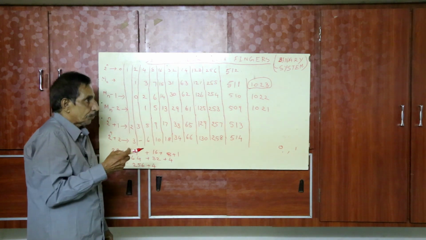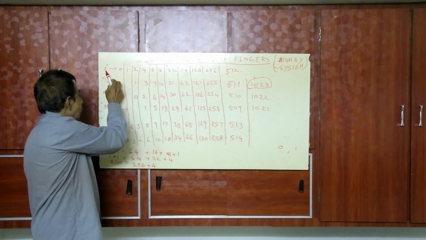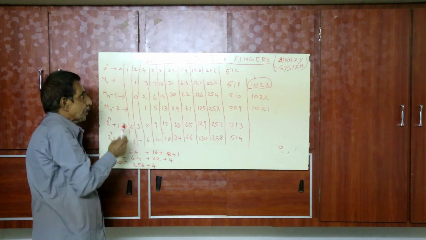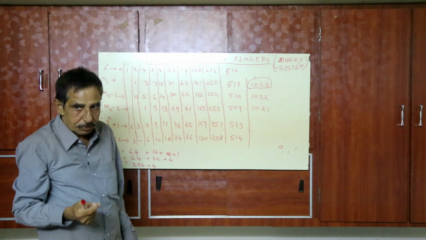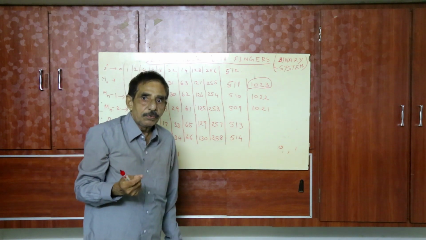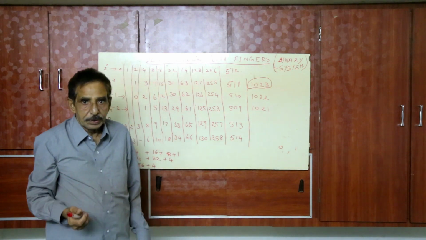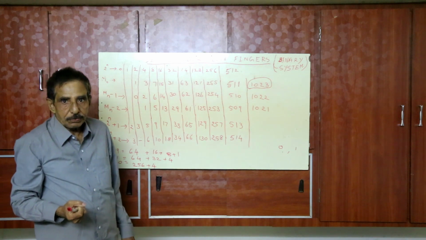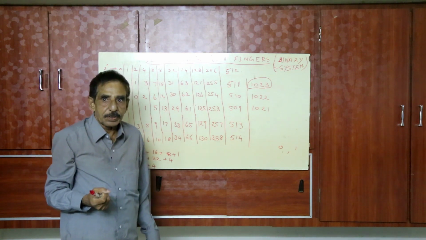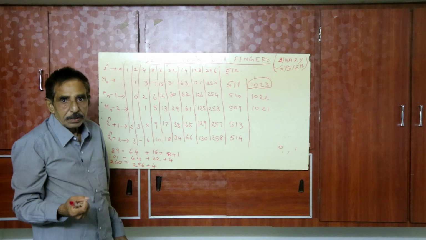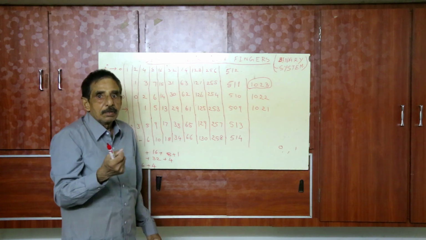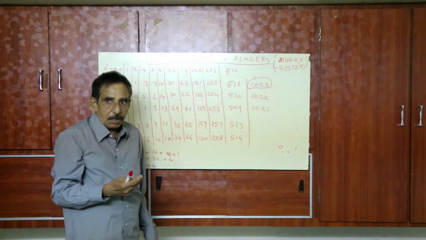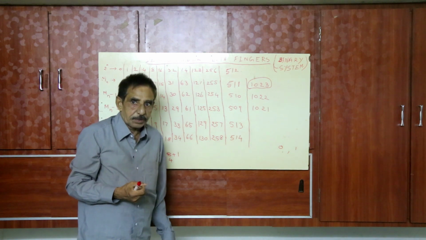You see how I am going to explain the method. You see these are 2 to the power of n numbers, that is 1, 2, 4, 8, 16, 32, 64, 128, 256, 512, like that they are 2 to the power of n numbers.